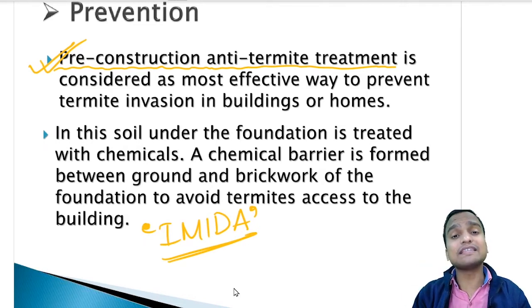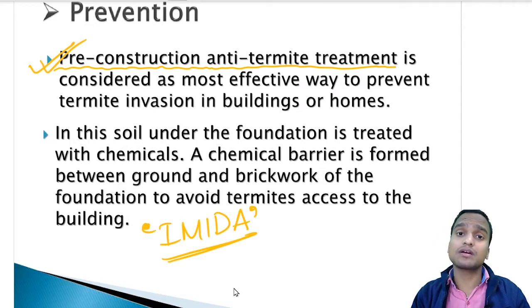And when we see that there is an attack of termites on the basement or the ground floor, then what we do is, all these pipes are connected with a main pipe, and we inject the chemical for preventing these termites through this main pipe.